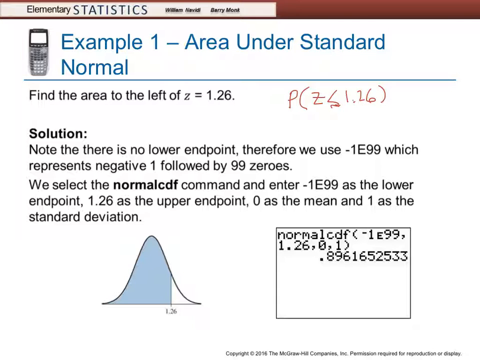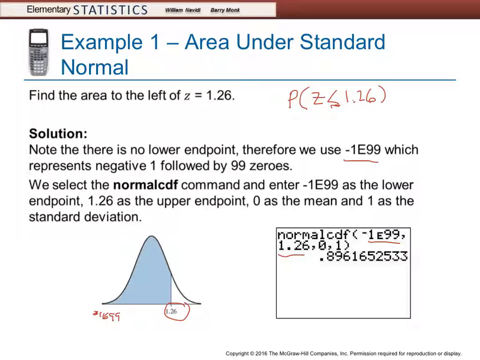The lower bound in this point is going to be a negative E99. If we don't have a bound on the left side, it's always going to be considered negative 1E99. And then the upper bound, as you can see, is going to be 1.26.